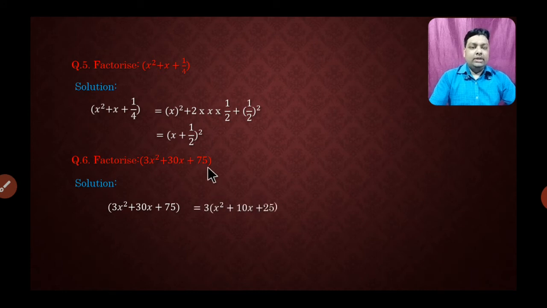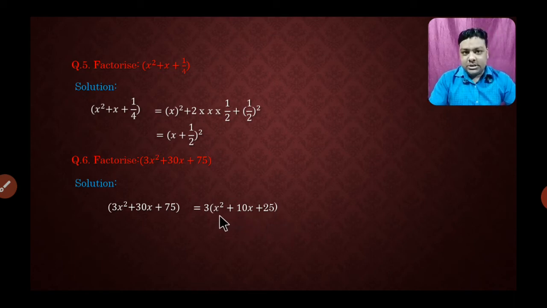If we take 3 common from the first term, then what is left? x square. Now 3 tens are 30, so 3 is taken out and 10 is left. Now 3 twenty-fives are 75, so 25 is left here. Now leave that common 3. We get another expression, x square plus 10x plus 25.